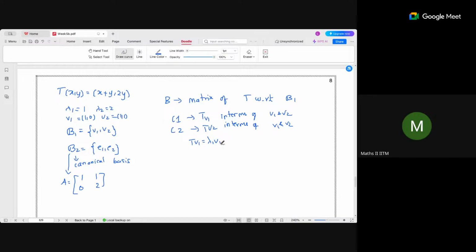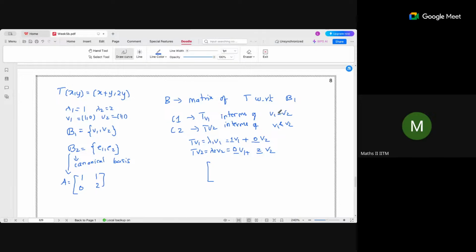So what is TV1 by definition? Lambda 1 V1, right? In this case lambda 1 is 1, so simply V1. So the coefficient of V1 is 1 and coefficient of V2 is 0. Now what is TV2? According to definition, it is lambda 2 V2, and lambda 2 is 2, and the coefficient of V1 is 0 in this case.